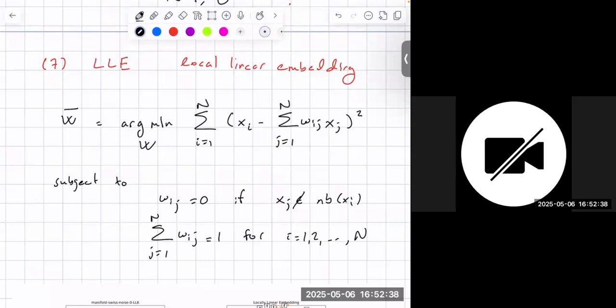More precisely, you again decide on a neighborhood, maybe by a k nearest neighbor graph or whatever your process of deciding neighborhoods is. If two data points are not in their neighborhood, you just put the weight to be 0. You don't care about it, okay? But if it is in the neighborhood, you'll get a weight, and the summation of weights for every single data point should be 1. You're literally putting weights on the neighbors.